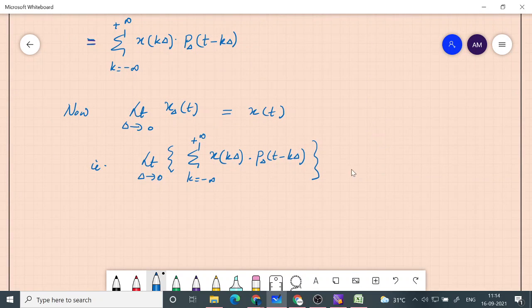Okay, so this should give me x of t. So we have just substituted this, right?